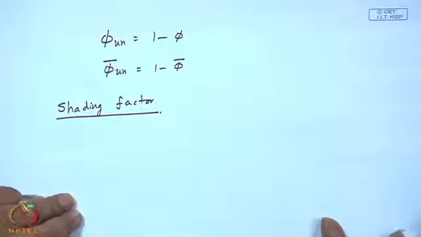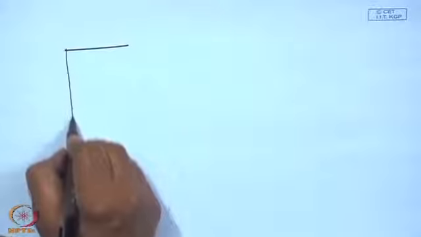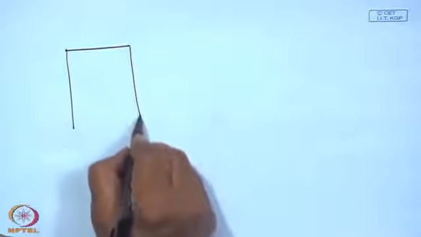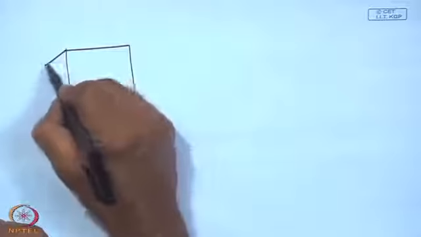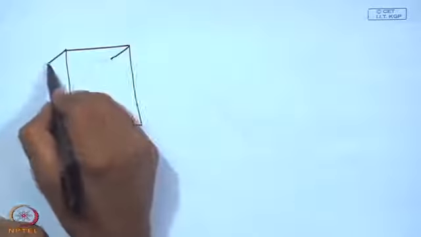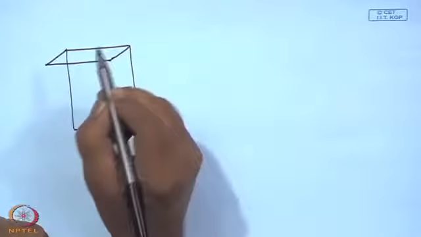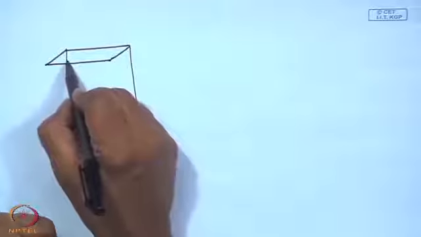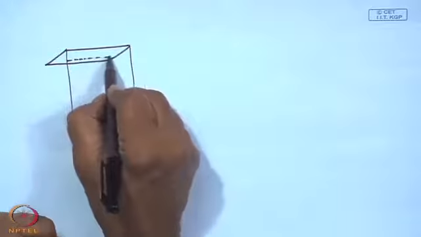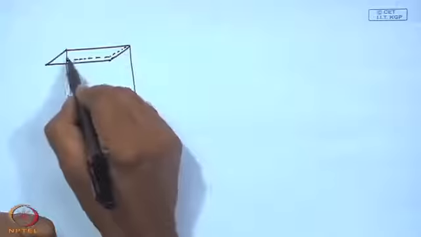So, we have seen, if you have got a window, let us for simplicity assume that it is facing south, and we have got an overhang right flush with the top of the window, and that will cast a shadow like this.